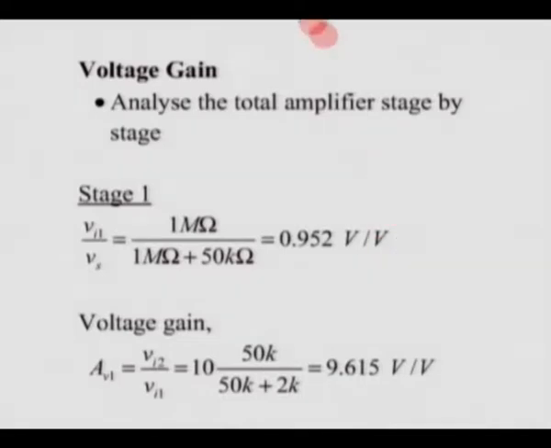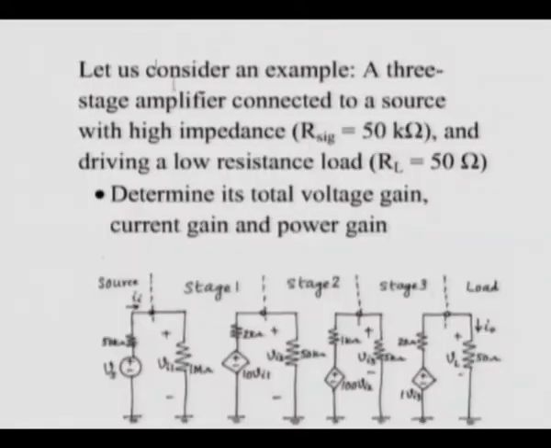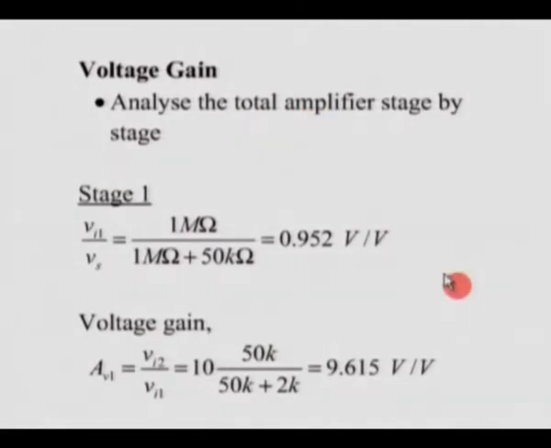The way we would do this is, we would look at the gain of the first stage, then Vi2 by Vi1, and then we would see Vi3 by Vi2, and then finally VL by Vi3. So, let us do this step by step.